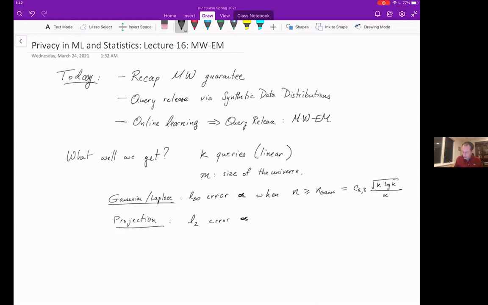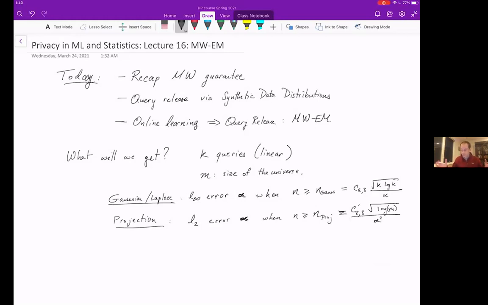That quantity was alpha when the sample size was at least some other number, which I'll call n projection, some constant depending on epsilon and delta, not exactly the same one, times square root of log m over alpha squared.